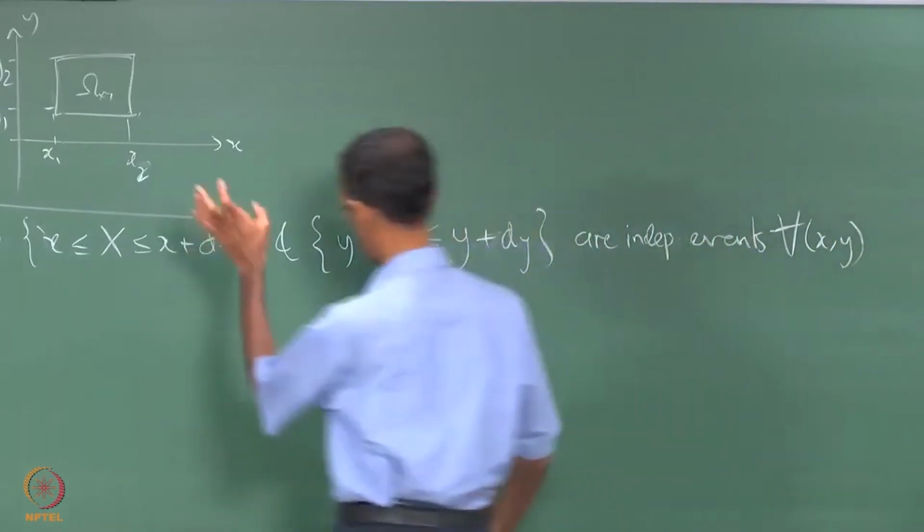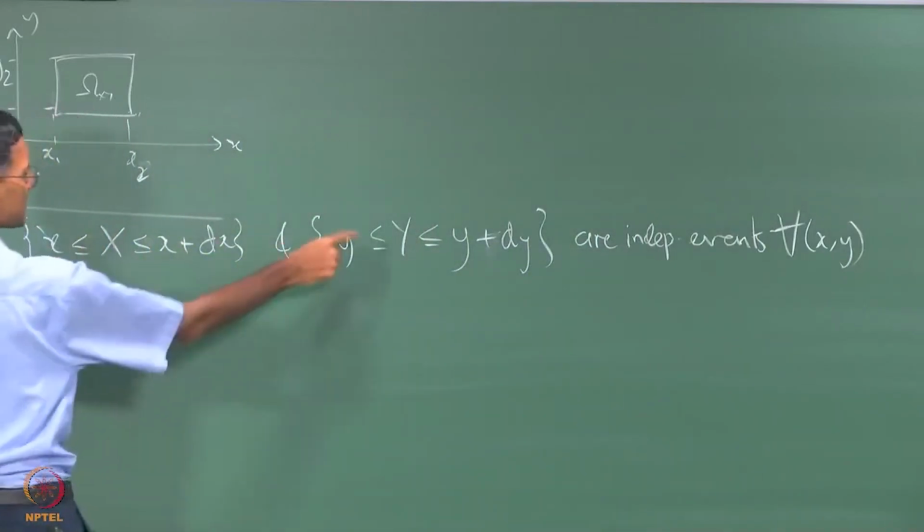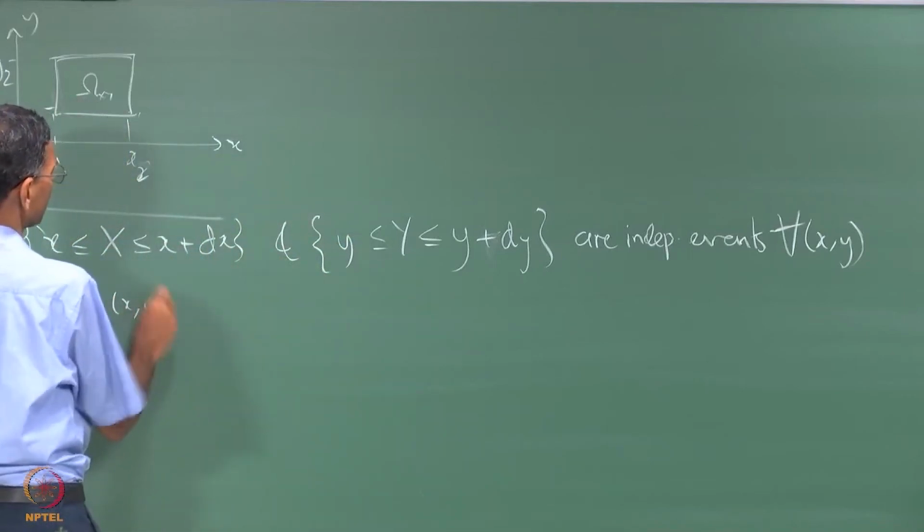If you look at the joint probability of this, the joint probability is going to be fxy(x,y) dx dy.